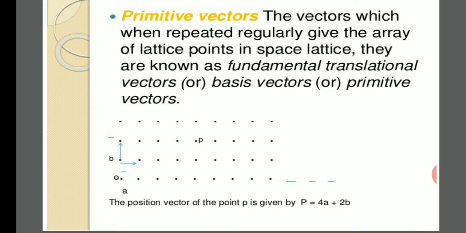Primitive vectors: the vectors which, when repeated regularly, give the array of lattice points in a space lattice are known as fundamental translational vectors, basis vectors or primitive vectors. In this figure, some vectors are shown.